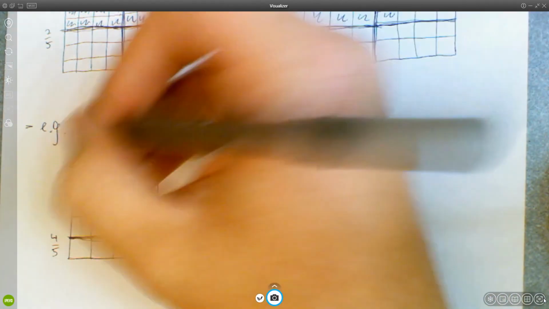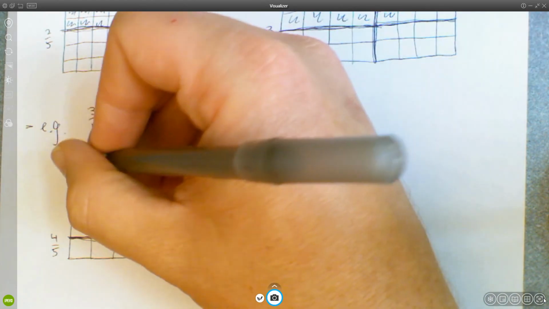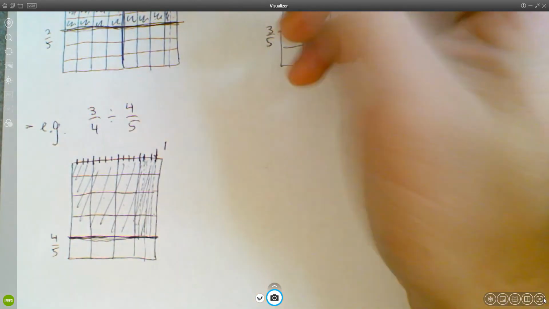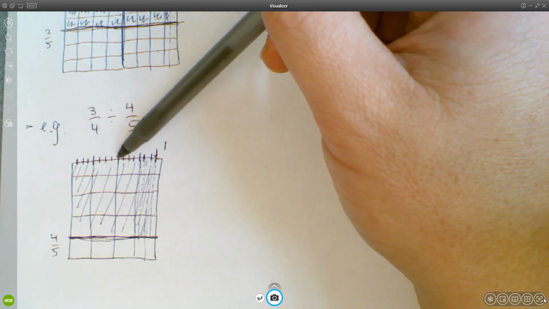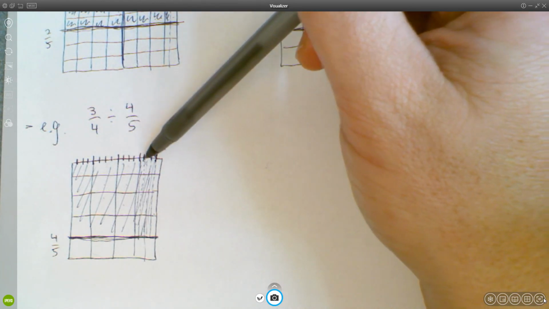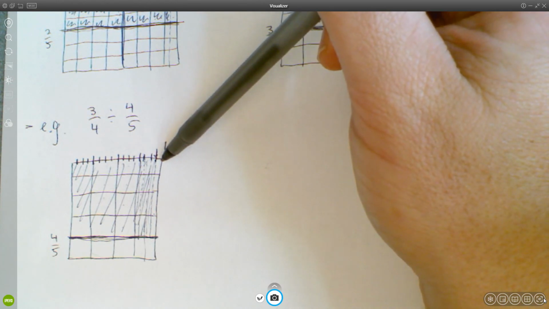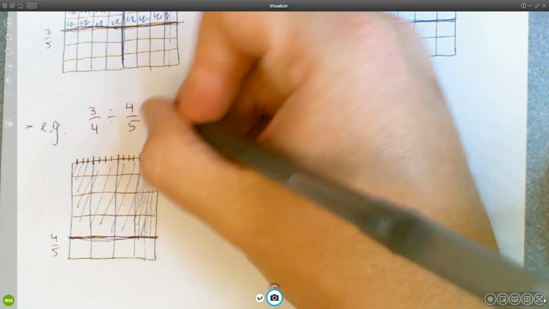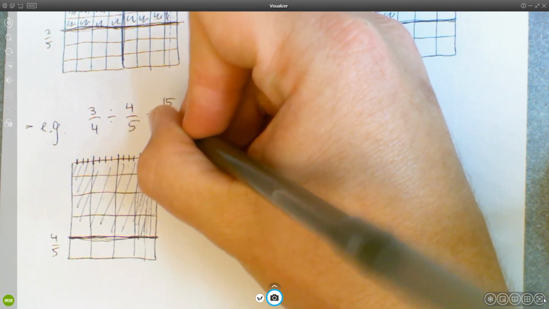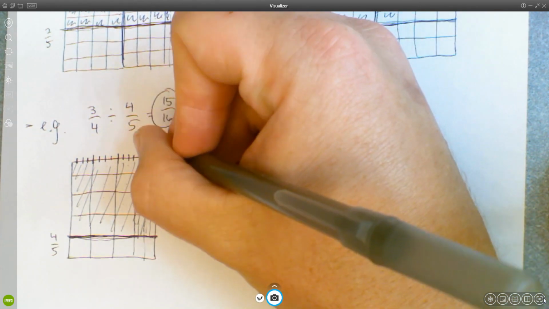If I do that, then that splits this entire line into 1, 2, 3, 4, 5, 6, 7, 8, 9, 10, 11, 12, 13, 14, 15, 16. And my arrow's on the 15th one. So this is 15 sixteenths, right, is my answer.